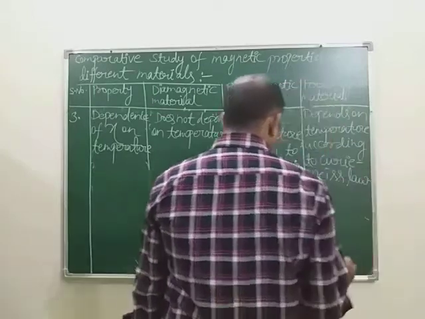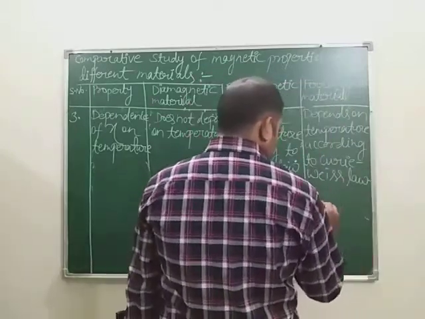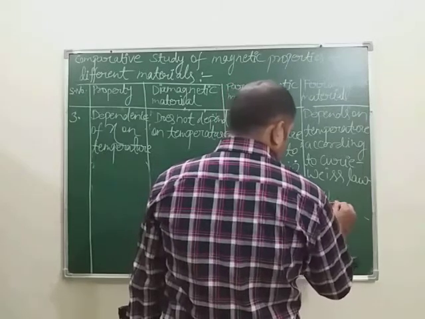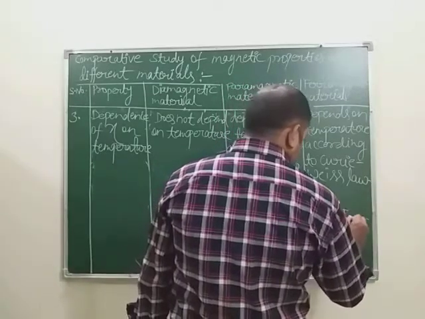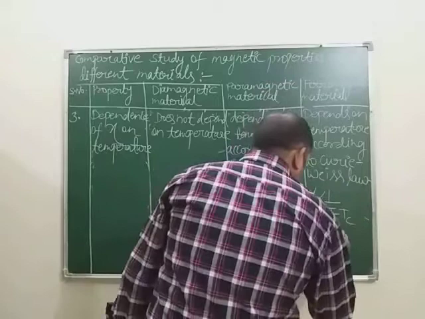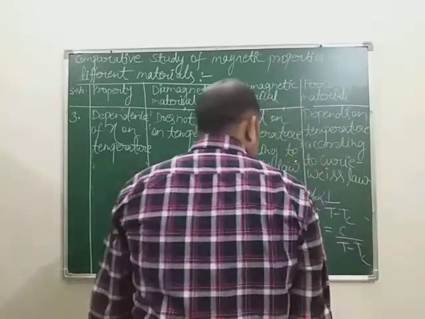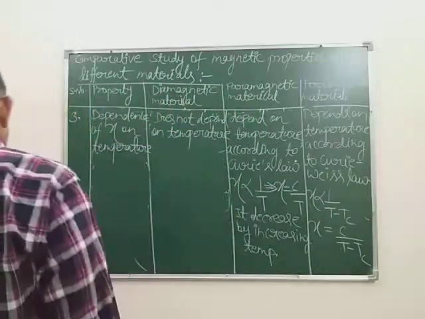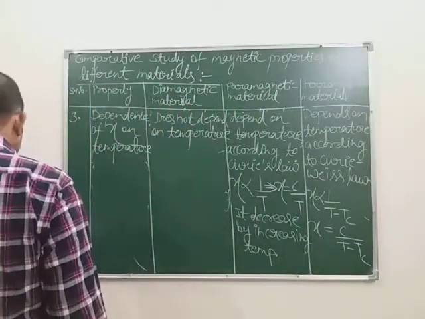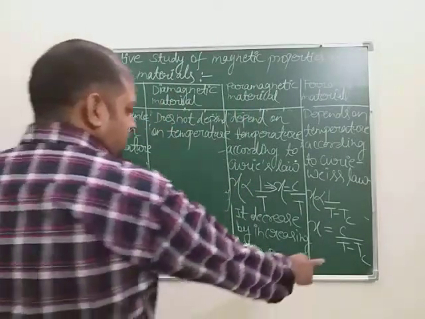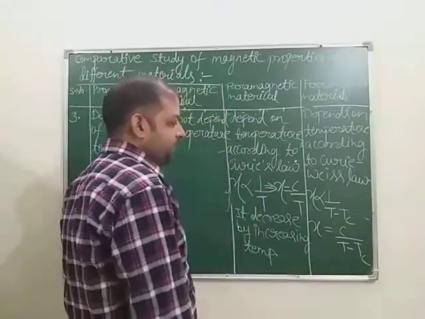Psi is directly proportional to 1 upon T minus Tc, so psi can be written as C upon T minus Tc, where Tc is the Curie temperature and T is any given temperature.